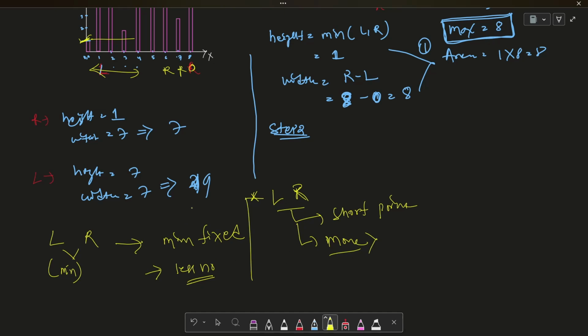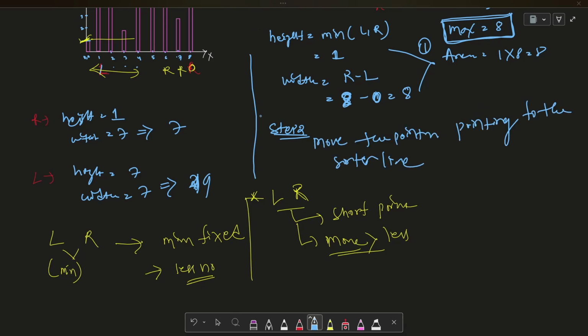But if you move the higher one and keep the smaller one, it will always be less. That's why the second step is to move the pointer pointing to the shorter line. Because we have seen that whenever we move the shorter line, the area may increase. But if we move the higher line, the area always decreases.